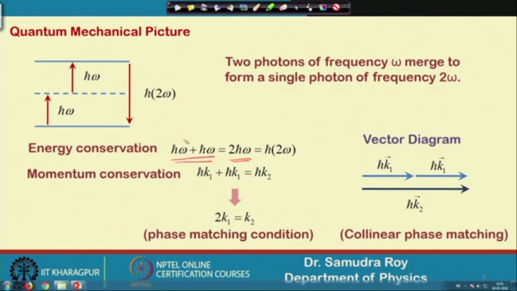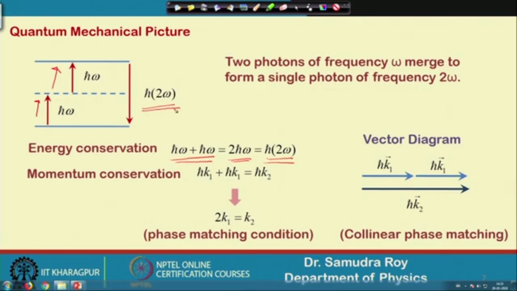So, 2 photons of frequency omega and omega, where the energy is h cross omega and h cross omega. If I add these two, we will have 2 h cross omega. So, that means 2 photons are merging together to generate a photon of 2 omega frequency. So, this is the quantum mechanical picture where we can see that one photon and another photon are merged to generate another photon, with frequency 2 omega.